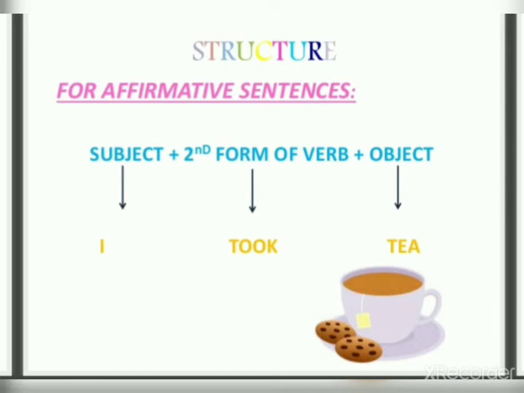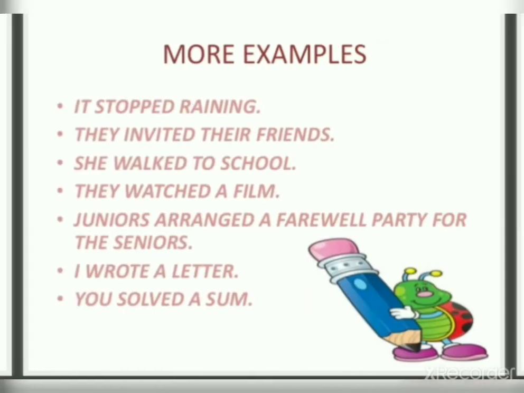For example, I took tea. You can see there is no helping verb, but even then, it's a correct sentence. It stopped raining. No helping verb, but it conveys a complete thought. It is a correct sentence.